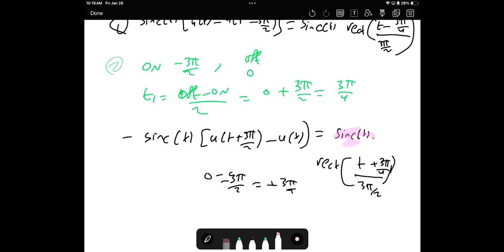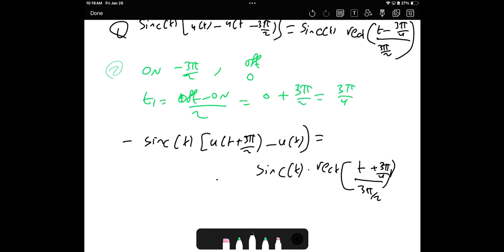So I would say as sinc. But keep in mind, the thing that I missed out is that this should be a negative sign, because here it is on minus off.